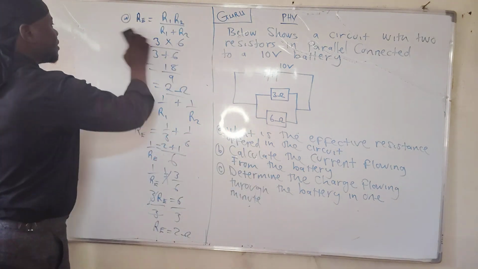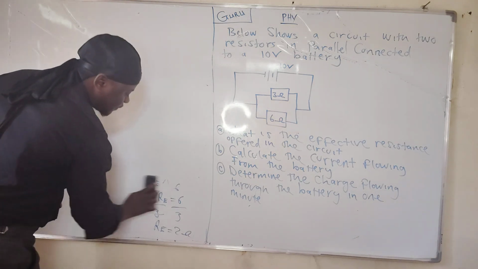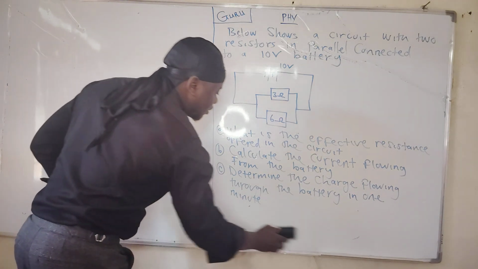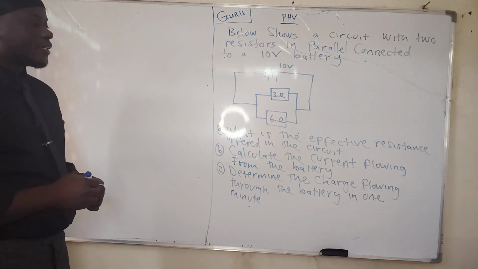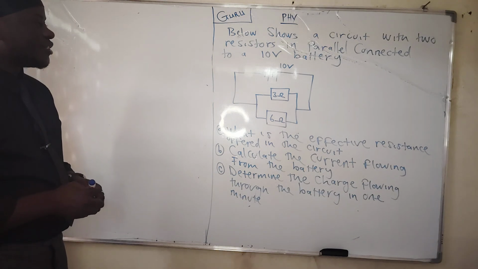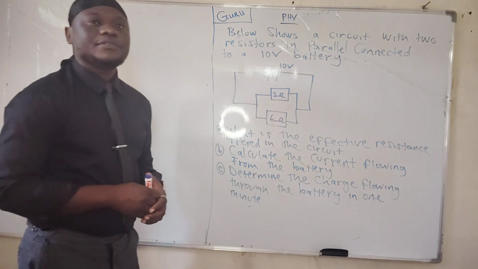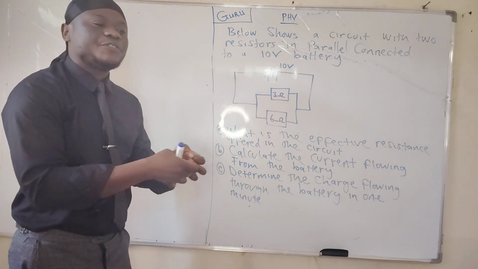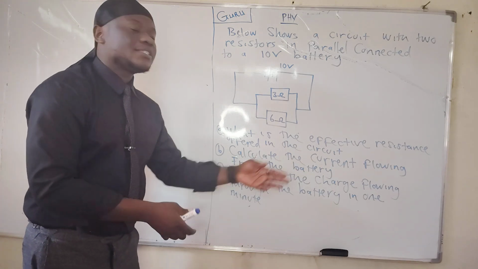Let us jump to question B. It says calculate the current flowing from the battery. Now we need current, and they are mentioning the battery, meaning you use the whole voltage to calculate the current, and again you use the whole resistance in the same battery.